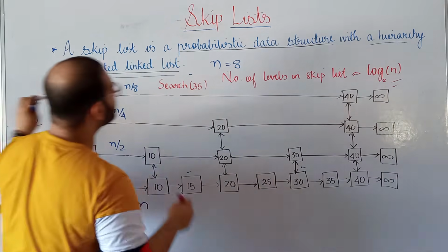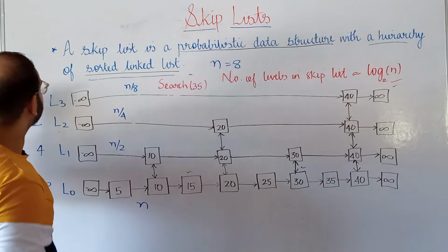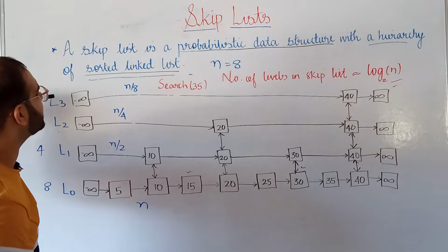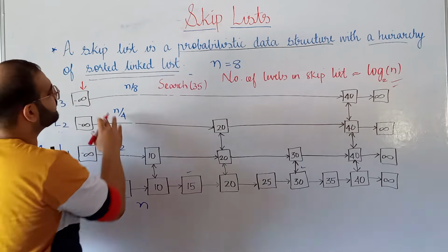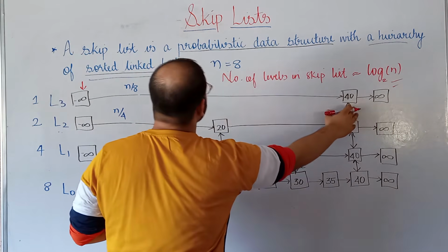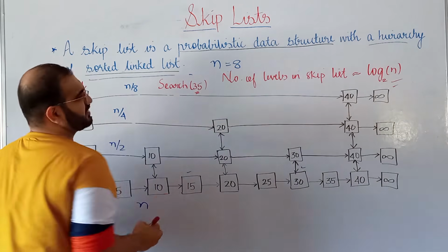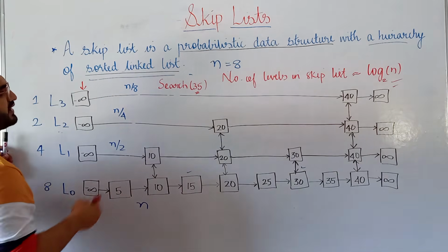We will start from the topmost linked list, that is L3, and we will start from the head of this linked list and we will see. If the next element over here has a greater value than the value that we are searching for, we will move down, right? So we will come down in this case.